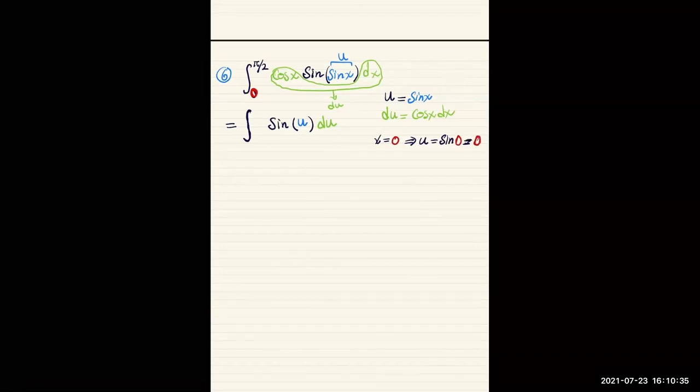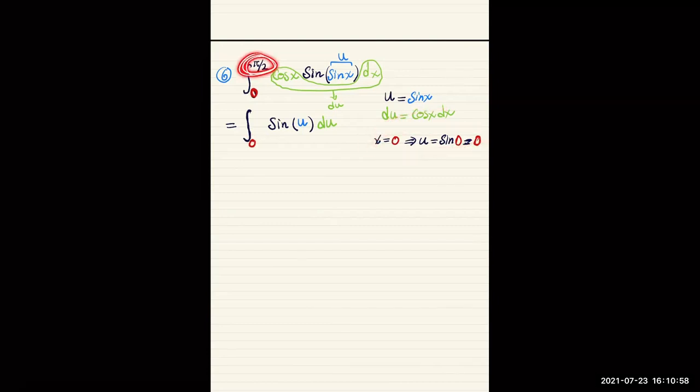Now, by coincidence, both x and u are 0. So this limit is 0. But remember, this is x, this is u. And by coincidence, they're both the same because that happens here.